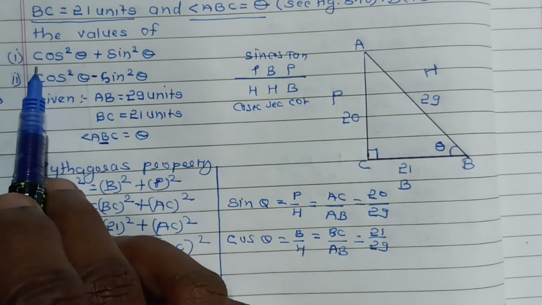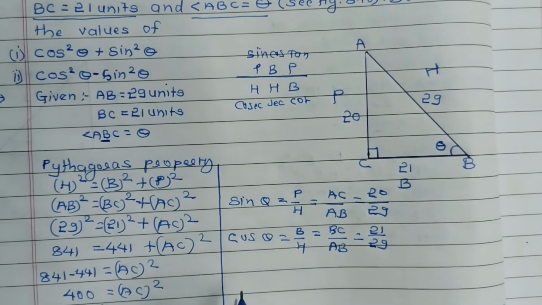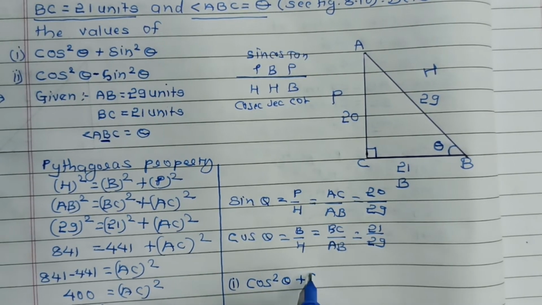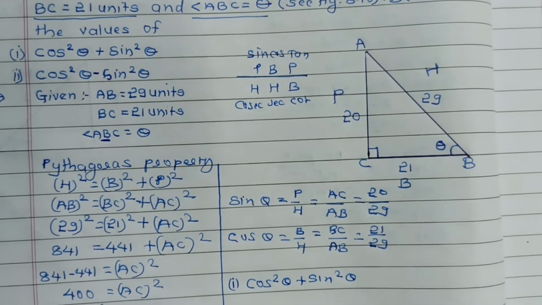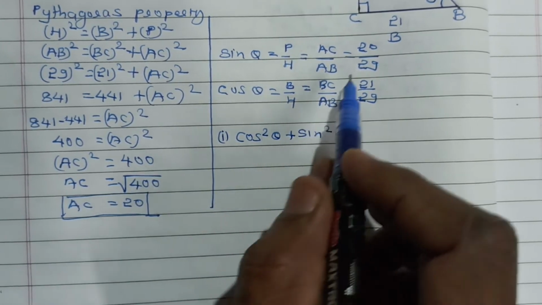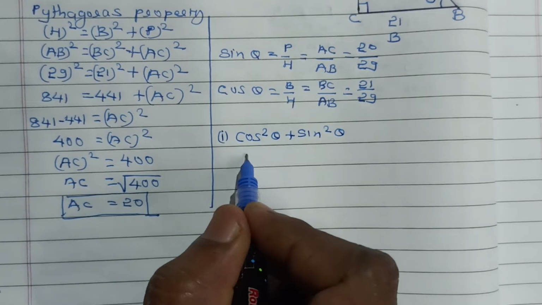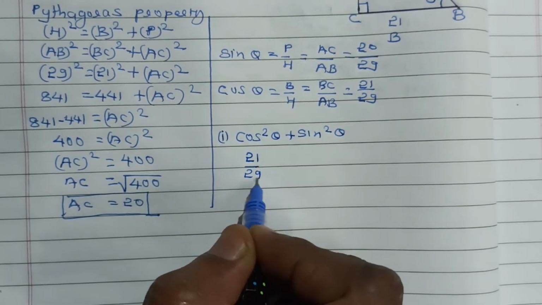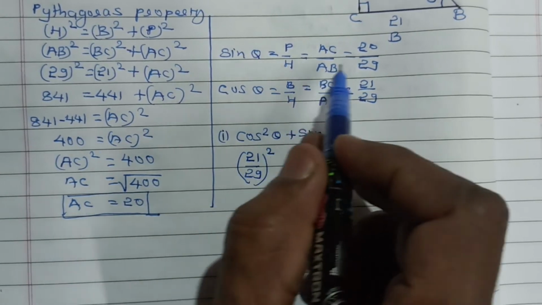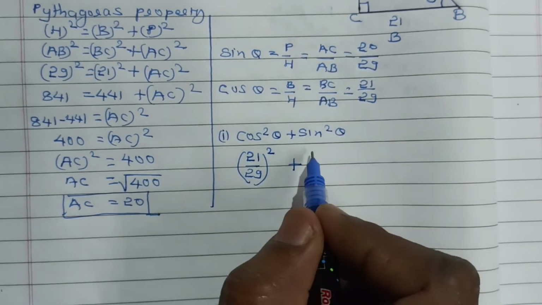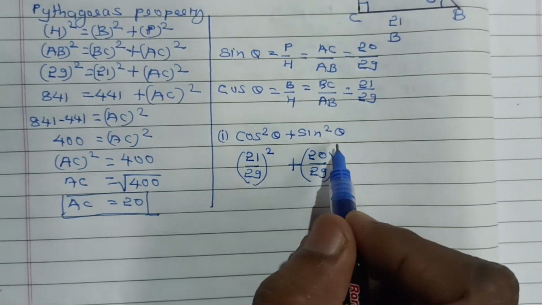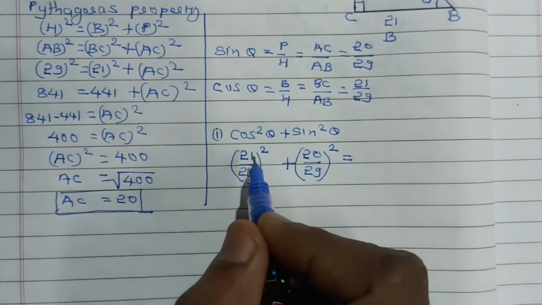Now let us determine the first, that is cos square theta plus sin square theta. Let me write here cos square theta plus sin square theta. So here cos theta we got the value as 21 upon 29, and this is square, you have to write here whole square, plus sin theta we got 20 upon 29, and this is square, you have to write here whole square, is equal to, here denominator is same, no?